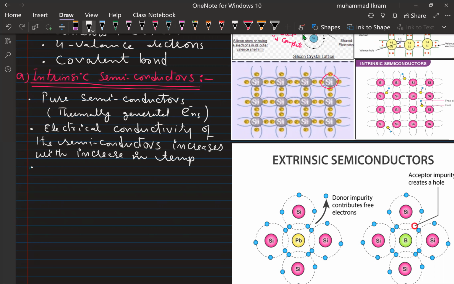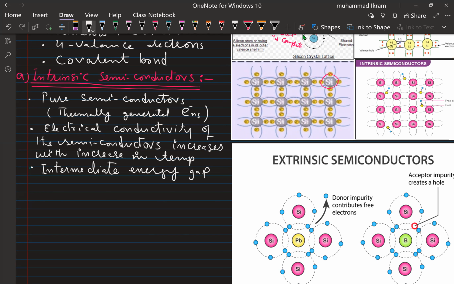One important point is that they have an intermediate energy gap, and I do not need to explain the energy gap again. The energy gap is small, of the order of an electron volt.